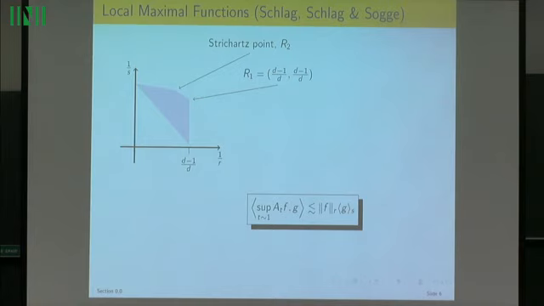So you don't take the sup over all radii, but only the radii from 1 to 2, say. And again, there is an L^p improving property, and it's more complicated.